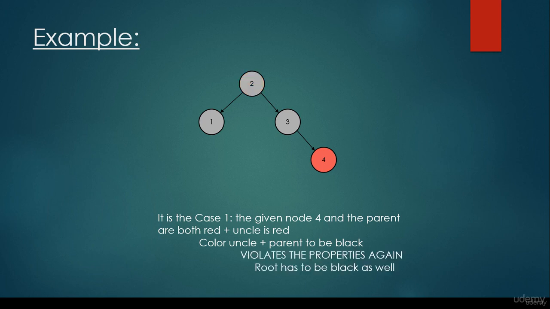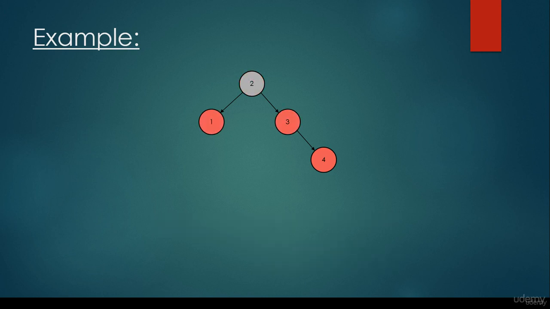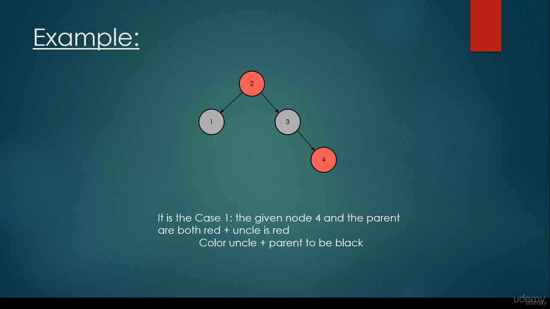So we just have to color the root to be black, because otherwise it would violate the red-black properties. That's why I said that we have to check recursively that we haven't violated the red-black properties.